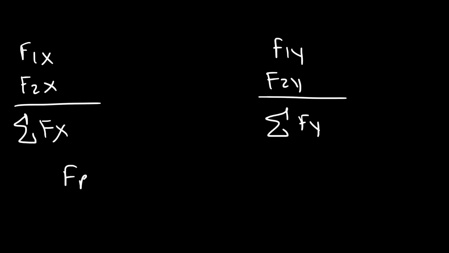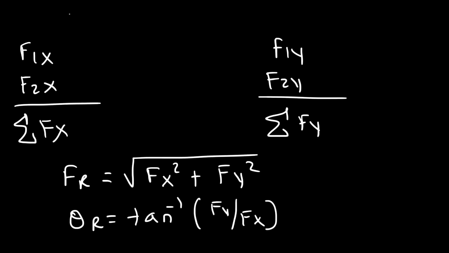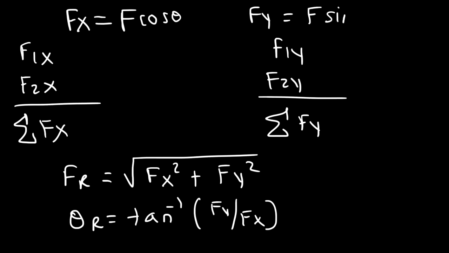Once you have that, then you can find the magnitude of the resultant force vector, and then you could find the reference angle using this equation. And remember, to find the components, you can use this. F of x is F cosine theta, and F of y is F sine theta.